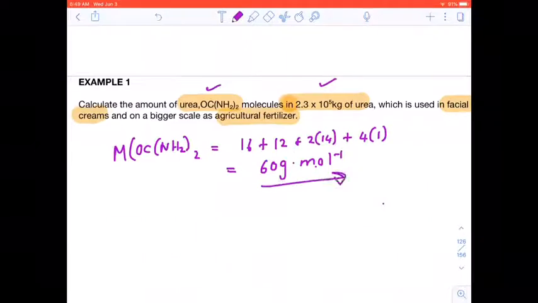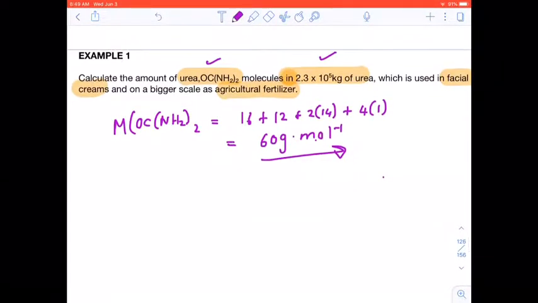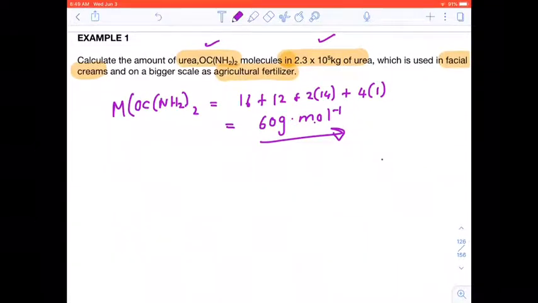Right, so we got its molar mass. But now we want to know the amount of urea.